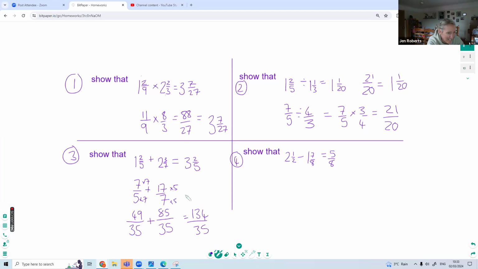I don't get the answer. Let me see if I made a mistake here. I have made a mistake, because I made a mistake when I came up with the question. Sorry, so it should be equals 3 and 29 over 35.